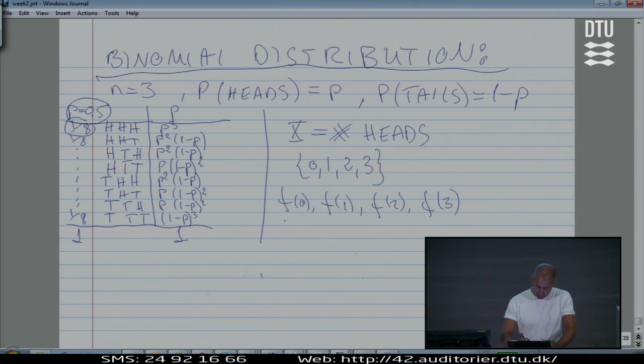Anyway, what is f of 0? What is the probability to get 0 heads? This is like x equals 0. When all 3 are tails, I get 0 heads.